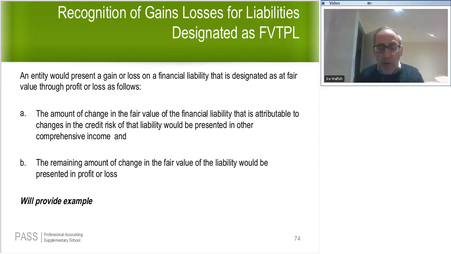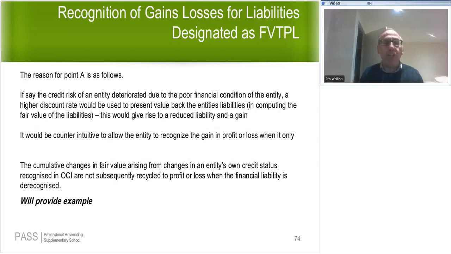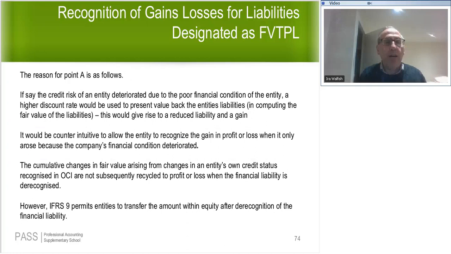So if a company's credit risk gets worse, we're going to present value back the liabilities using a higher discount rate, and we're going to end up with a lower fair value for the liability. When we lower the fair value of a liability, that results in a gain, right? When you lower the fair value of an asset, that's a loss. When you lower the fair value of a liability, that's a gain.